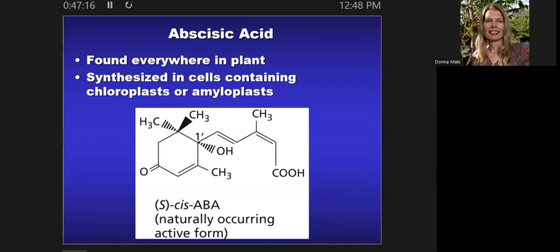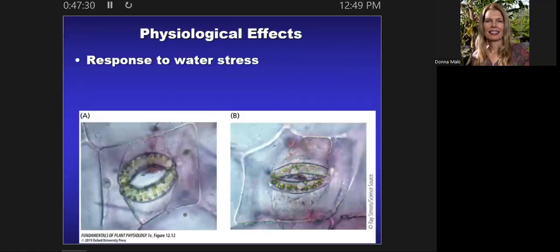And we talked about it already a little bit when we mentioned how stomata function, the guard cells. So if you are a plant and your roots are in the soil and your roots are not finding water and you're going under drought, that's the part of your body that first figures out, uh-oh, we don't have enough water. And so it's actually in the roots that abscisic acid gets made, because that's where it first senses drought.